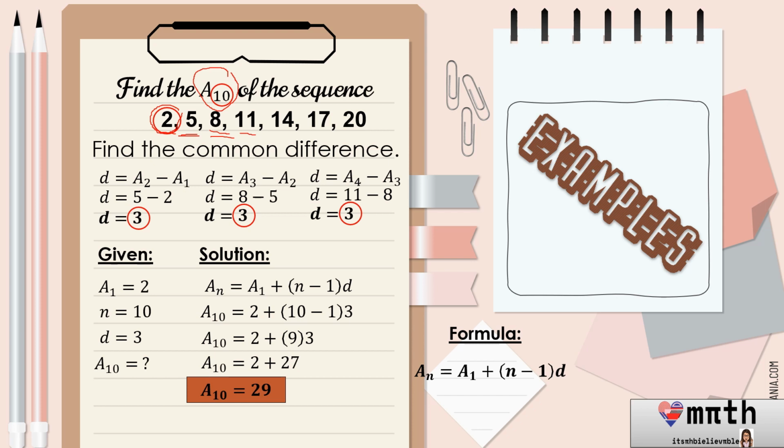So as you notice, we have the same answer from the example a while ago through pattern searching. So using the formula of the arithmetic sequence is much easier to use, especially if we're looking for a large number of terms. Okay?